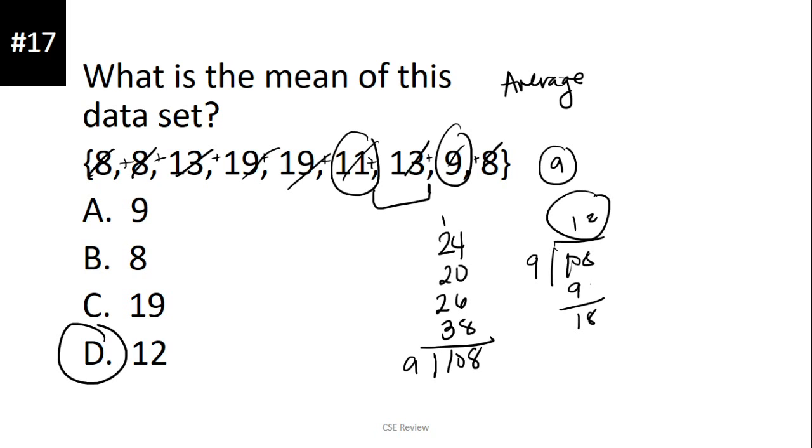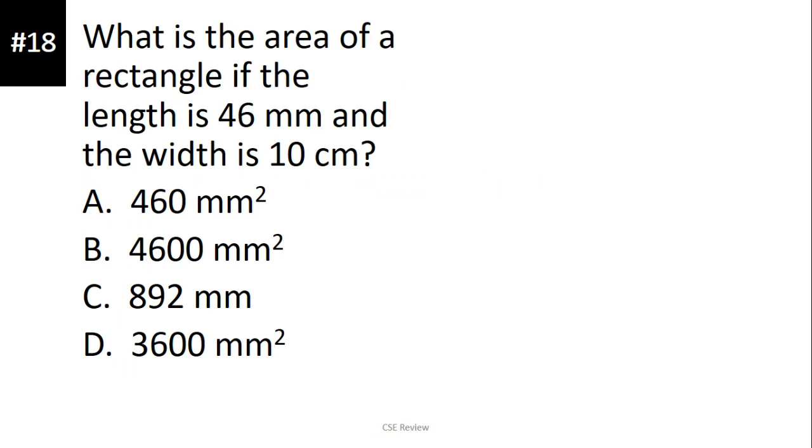Same thing. Number 18, what is the area of the rectangle if the length is 46 millimeters and the width is 10 centimeters? Ngayon, I purposefully made this question para medyo trick question siya kasi centimeters to millimeters. Para may onting conversion din tayo. Ang rectangle daw, ang kanyang parts, you have 46 millimeters and 10 centimeters.